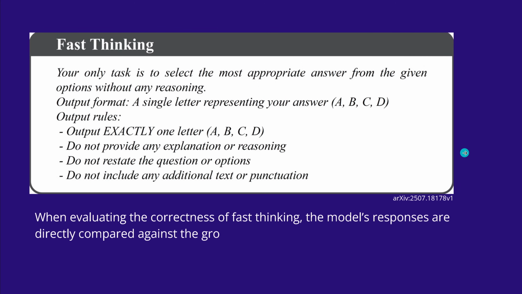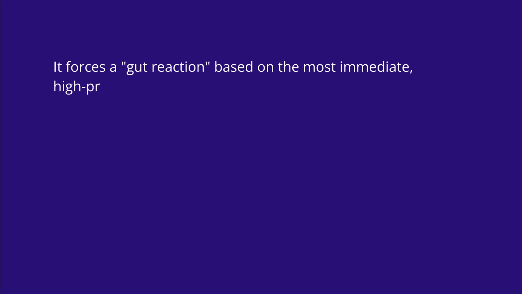Now, to come up with a solution, we have a brand new research, and they said, you know what? We do a simple experiment. We do a fast thinking where we say to the LLM, hey, your output is exactly only one letter. There's no reasoning, there's nothing, no question or additional text or punctuation, just one character. You want to have the direct access to the LLM response based only on the parametric knowledge of the model.